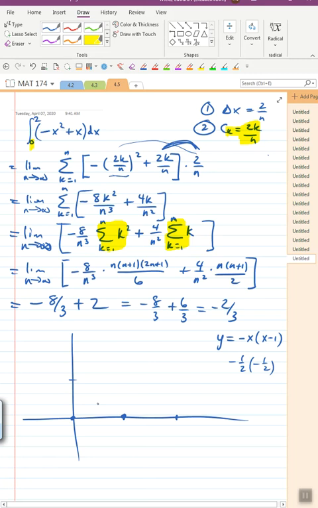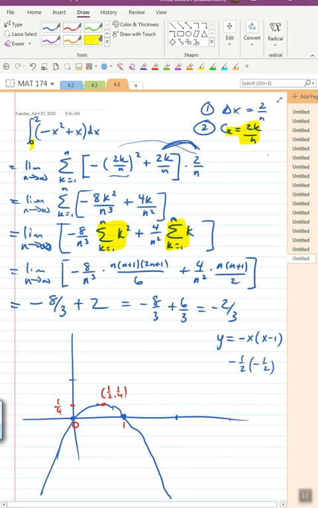So it's actually way down here somewhere. So the graph of this will look something like this, roughly. Everybody agree? If that's 0, and that's 1, this is 1/4. That's where the vertex is, 1/2, 1/4.